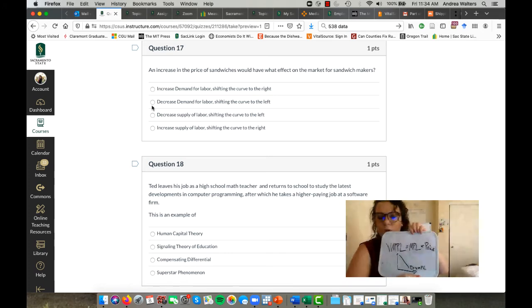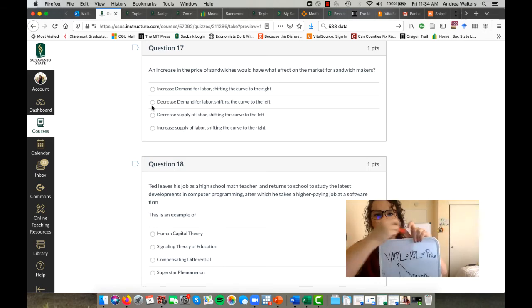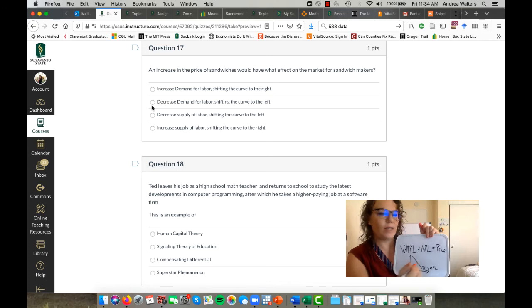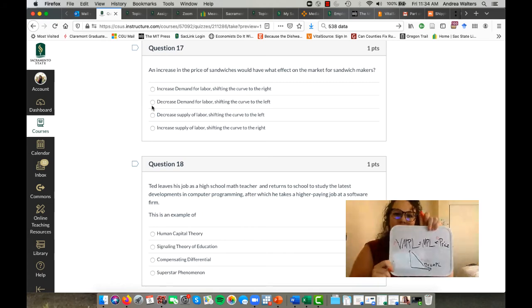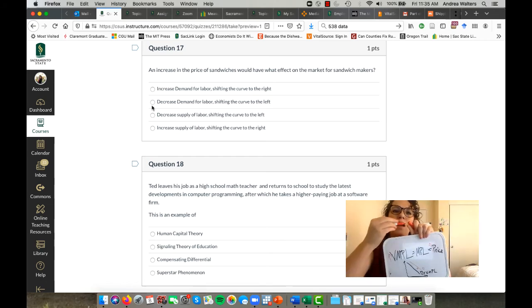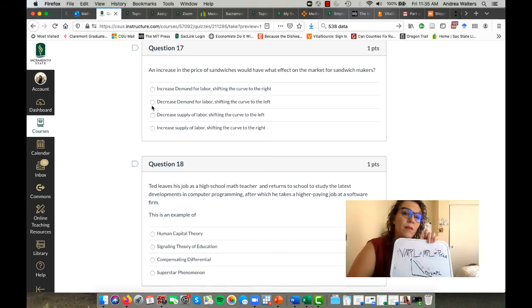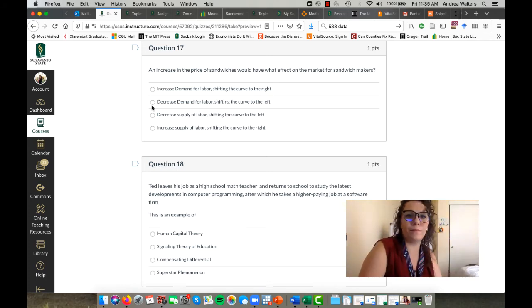So if we see the price of a good go up, so the price of sandwiches goes up, that's going to be an increase in the value marginal product of labor. That's going to shift the demand curve out to the right. It's going to raise wages for workers and mean more workers get hired in the market.